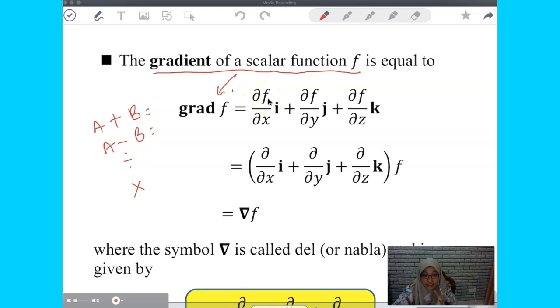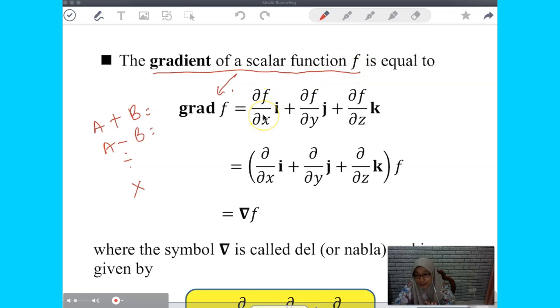you can obtain a vector field from the scalar function f, which means you can provide the x component, the y component, and the z component. What are the components about? For the x component, you differentiate the scalar function f partially with respect to x.